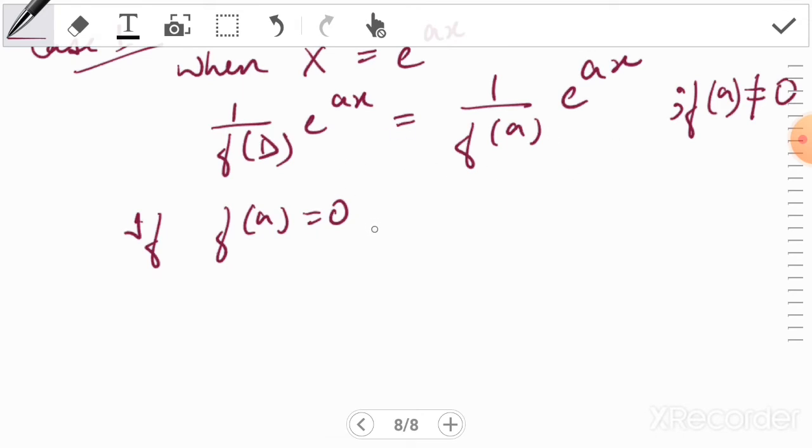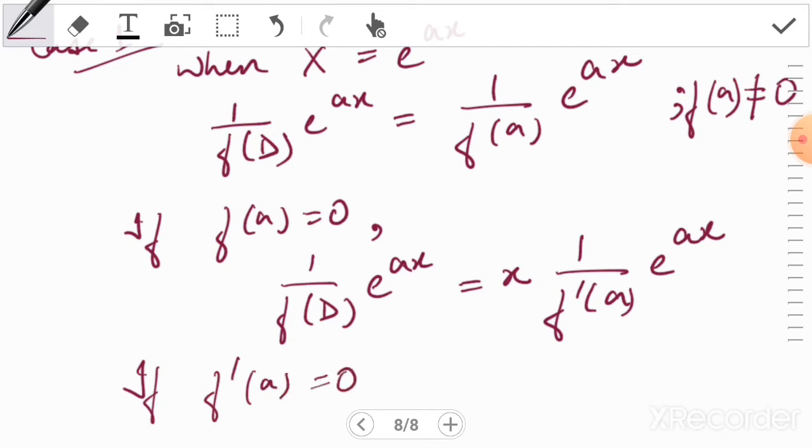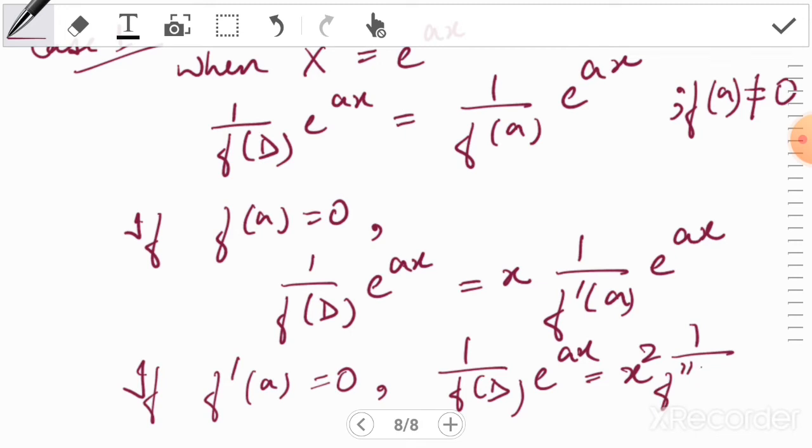Then 1 by f(D) e raised to the power ax is equal to x times 1 by f dash(a) e raised to the power ax. Again, if f dash(a) is equal to 0, then 1 by f(D) e raised to the power ax will be equal to x square times 1 by f double dash(a) e raised to the power ax, provided f double dash(a) is not equal to 0, and so on.